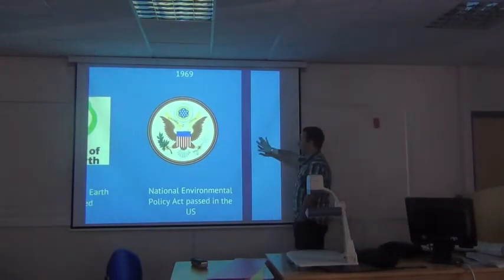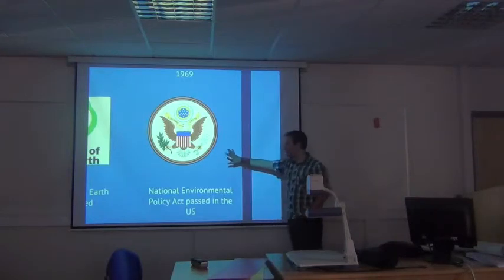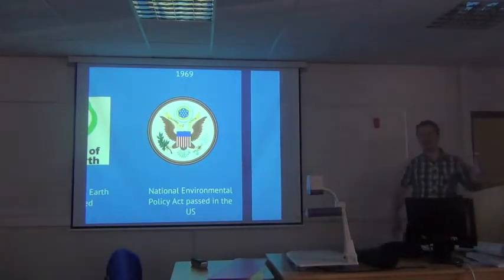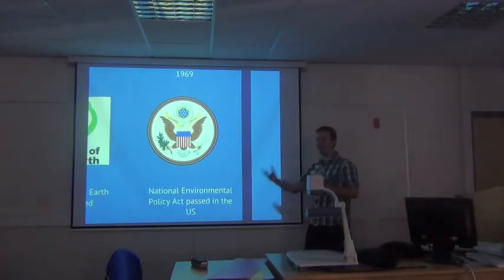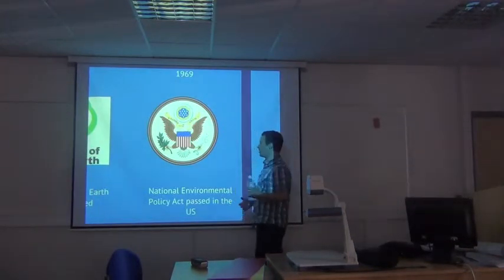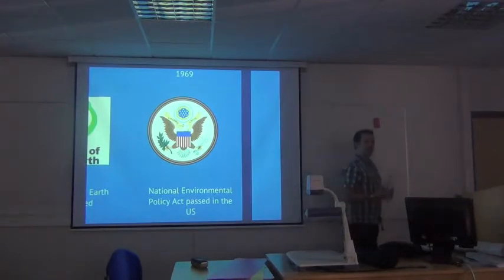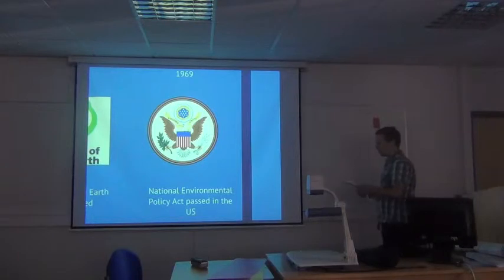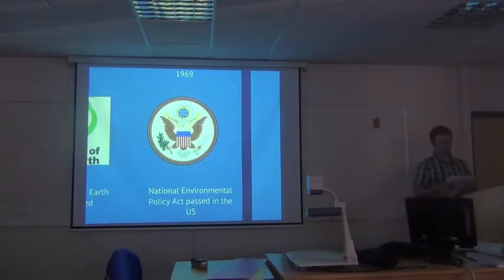Then America, 1969, passed the first ever Environmental Policy Act in the world. So often we say, oh, the Americans, they're the problem, or they're consuming, or their evil ways of going around the world and doing what they do. But actually they were the first nation to start passing environmental laws. And this law has since become one of the most followed in the world, and other countries have been doing similar things. So it was the first country to establish a legislative framework to protect the environment.